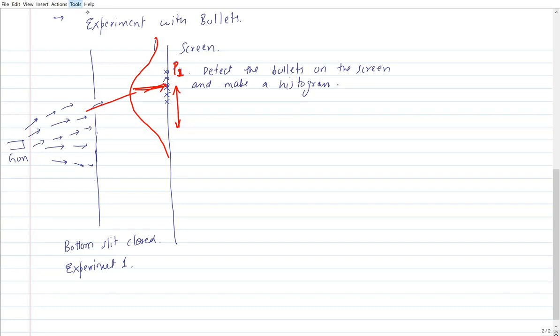So what do I do with experiment 2? For my experiment 2, I close the upper slit and I have the same gun. It's a gun spraying bullets at random. This is experiment 2. Upper slit closed.